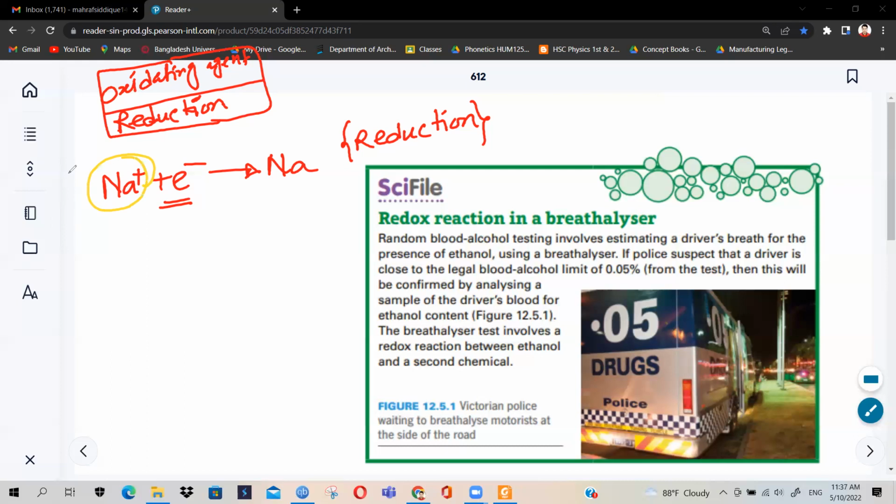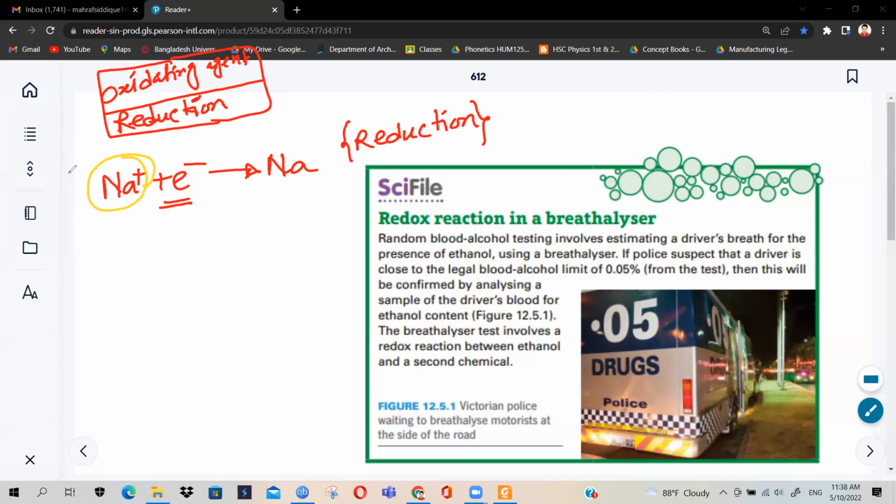So Na plus is the oxidating agent here. Oxidating agents receive electrons, right? The process in which the gain of electrons can be seen is our reduction process, and the process in which electrons are being lessened will be our oxidation process.